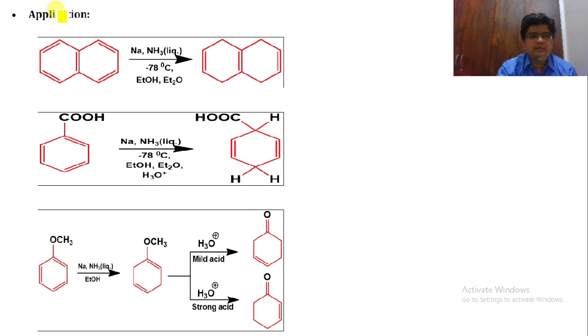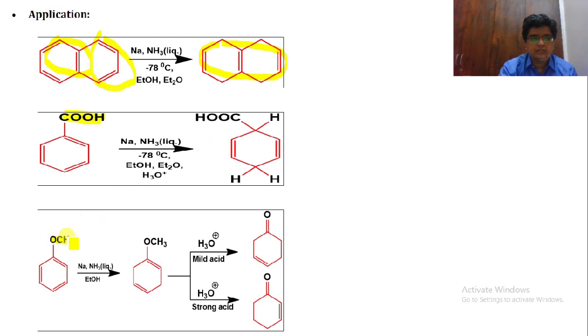Suppose we are having a naphthalene ring, and it is reacted with sodium, NH3 at minus 78 degrees Celsius in the presence of ethanol and Et2O. So now here we are having 5 double bonds, it is 3 plus 2, 5 double bonds. Now these 5 double bonds are reduced to 3 double bonds. Okay, now again we are having a benzoic acid that I will explain further.